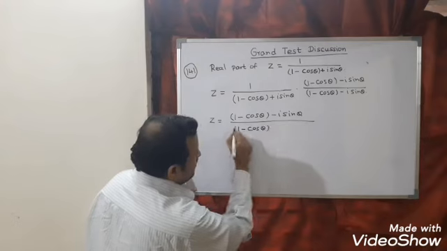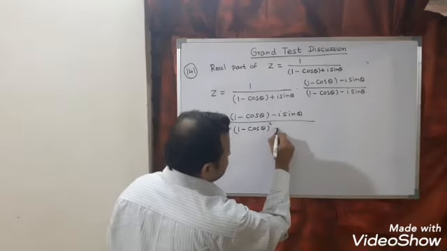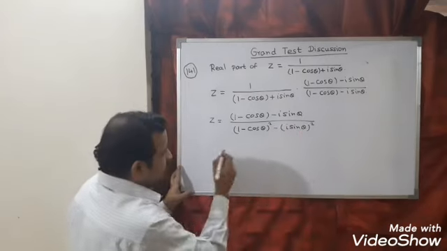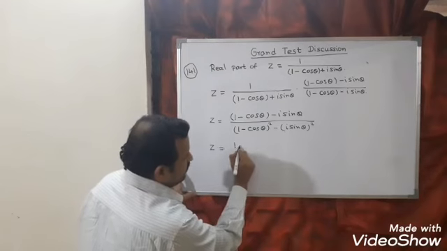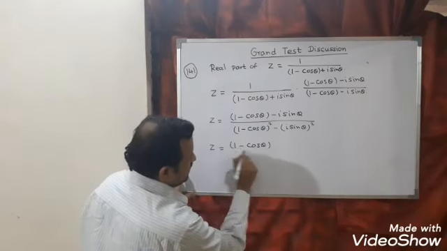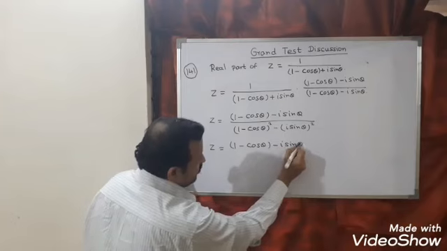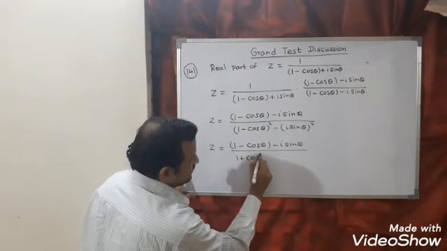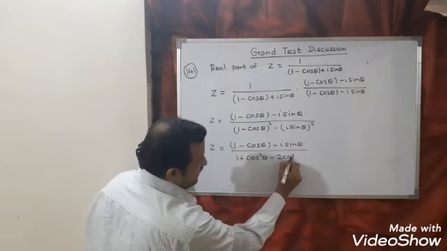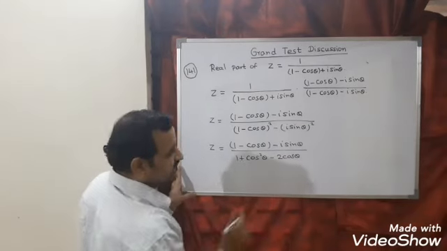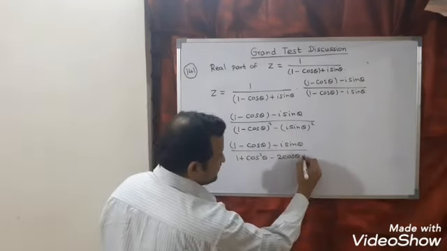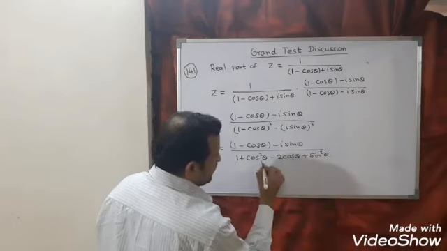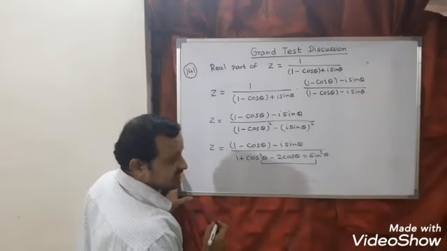So 1 minus cos theta whole square minus i sin theta whole square. Expand: 1 plus cos square theta minus 2 cos theta. i square is minus 1, so minus and minus become plus, and this is sin square theta. Cos square theta plus sin square theta is nothing but 1.